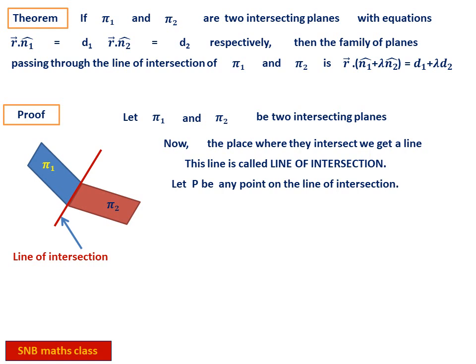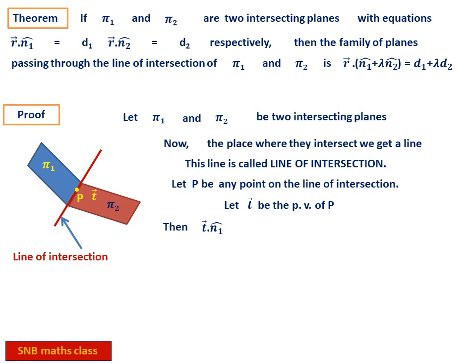Now let P be any point on the line of intersection. Look here, I have shown you a point on the line of intersection. That point is P. Now let T vector be the position vector of P.